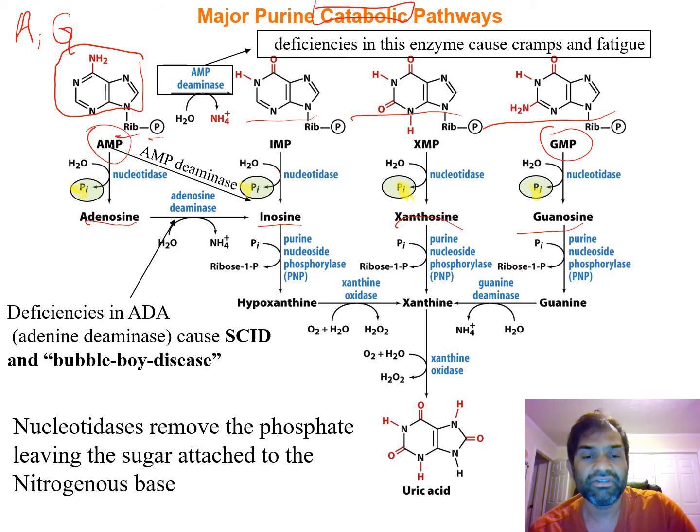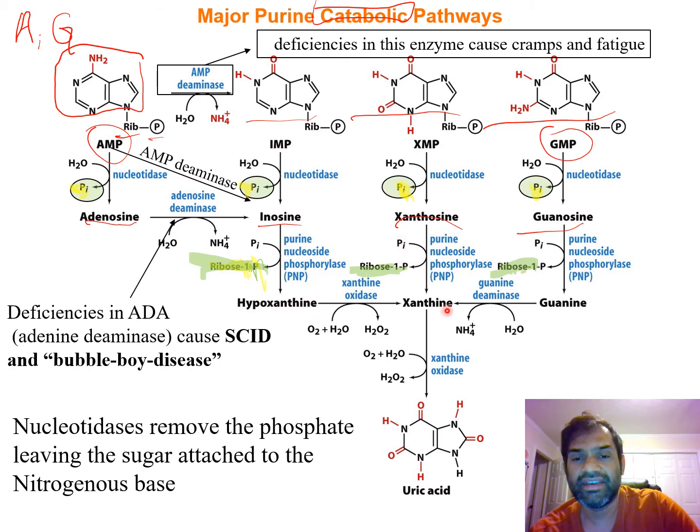Now, going down further in the pathway here, if we remove the ribose sugar, let's highlight that in green here. Once we remove the ribose sugar, we have exclusively the nitrogenous base. For inosine, it will be hypoxanthine.